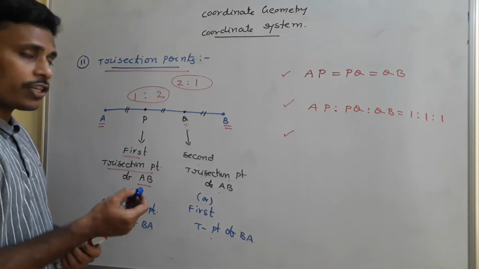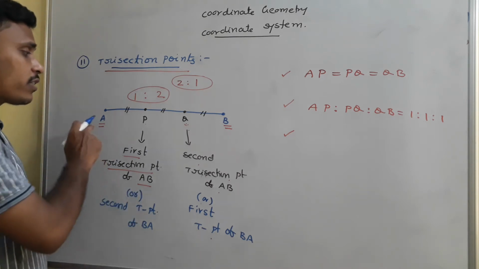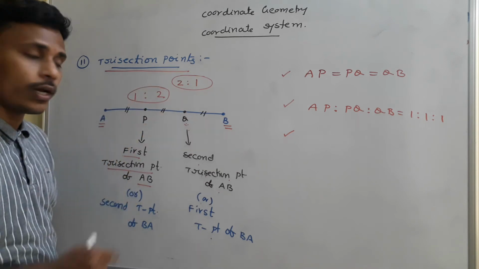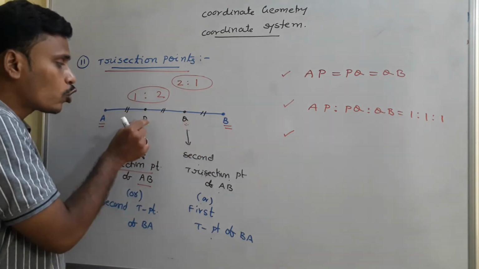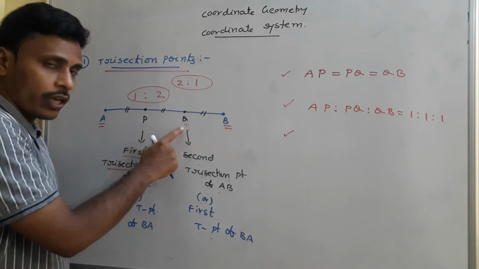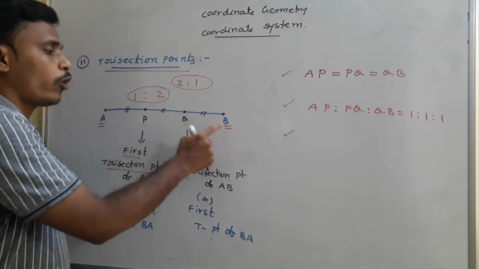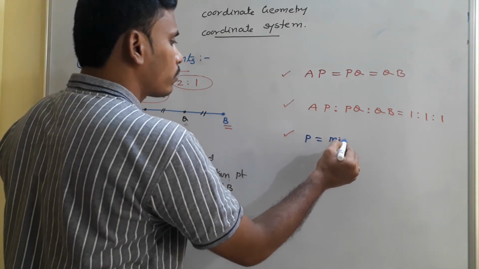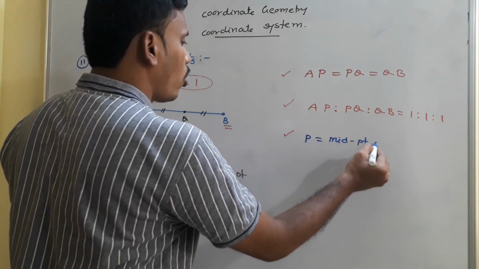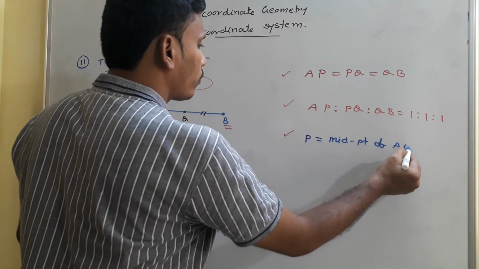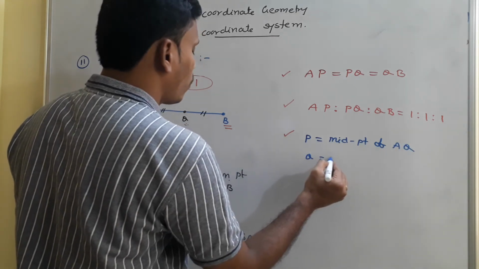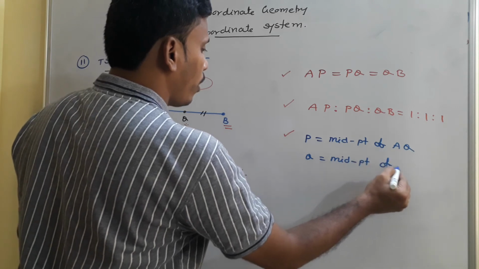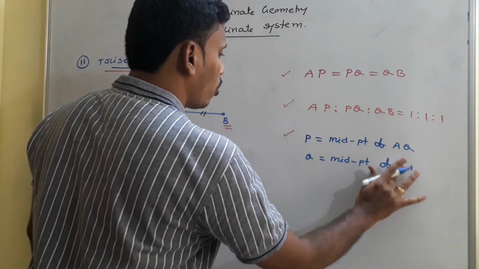Another observation is that for this line segment AB, P and Q are the trisection points and the ratio is 1 is to 1 is to 1. These two parts are equal, so P is the midpoint of AQ and Q is the midpoint of PB. Okay, so here P is equal to the midpoint of AQ and Q is equal to the midpoint of PB.